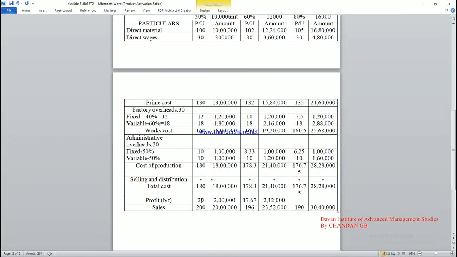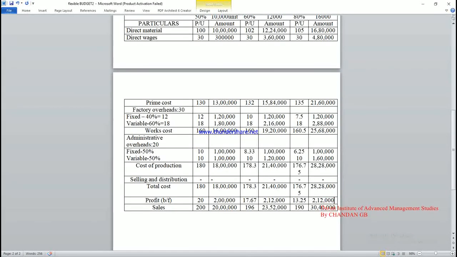Then 13.25, minus the amount, 2 lakh 12,000 rupees. Clear? 30 lakh 40,000 minus 28 lakh 28,000, 2 lakh 12,000. 23 lakh 52,000 minus 21 lakh 40,000, amount is 2 lakh 12,000.